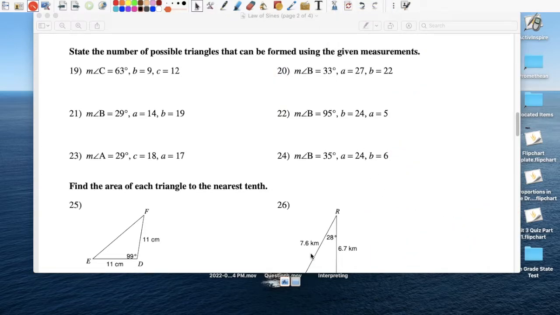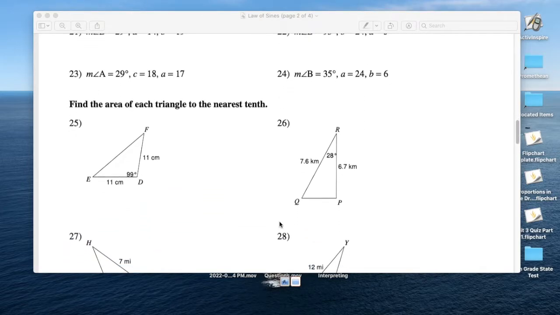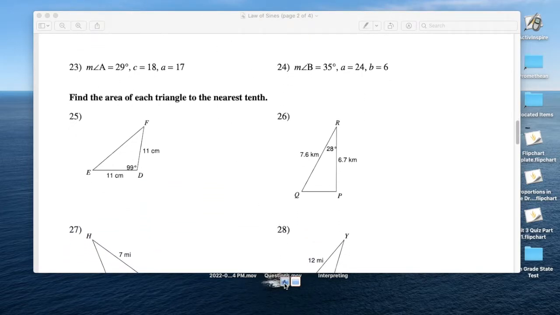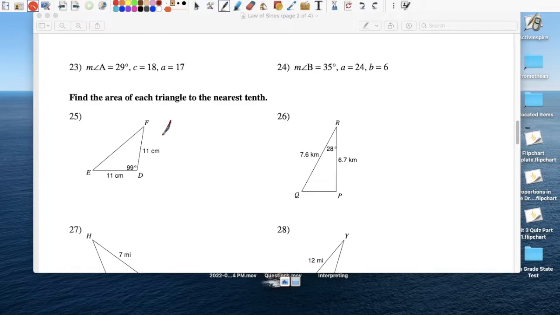All right, and then 25. Now 25 is easy once we have that little formula, right? So area equals half times the two sides and the angle between them. So half times 11 times 11 times sine of 99. So that's how simple that is.